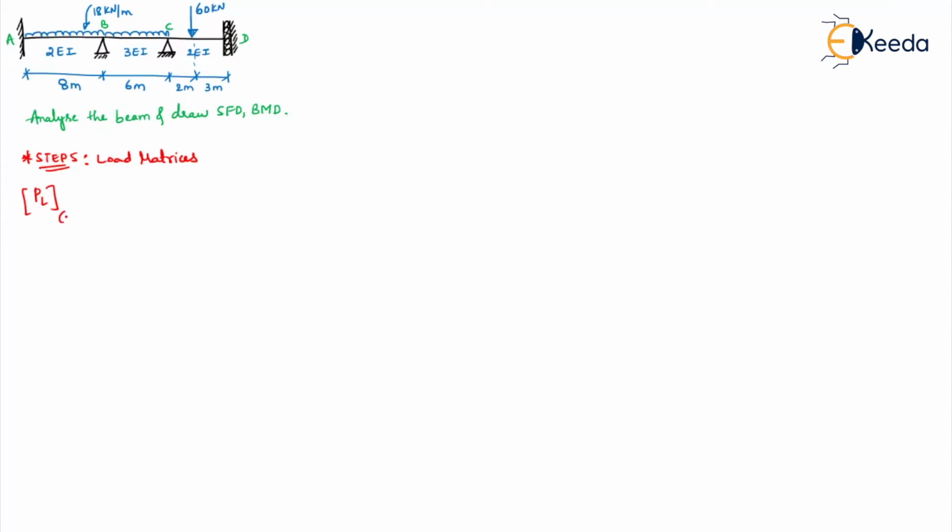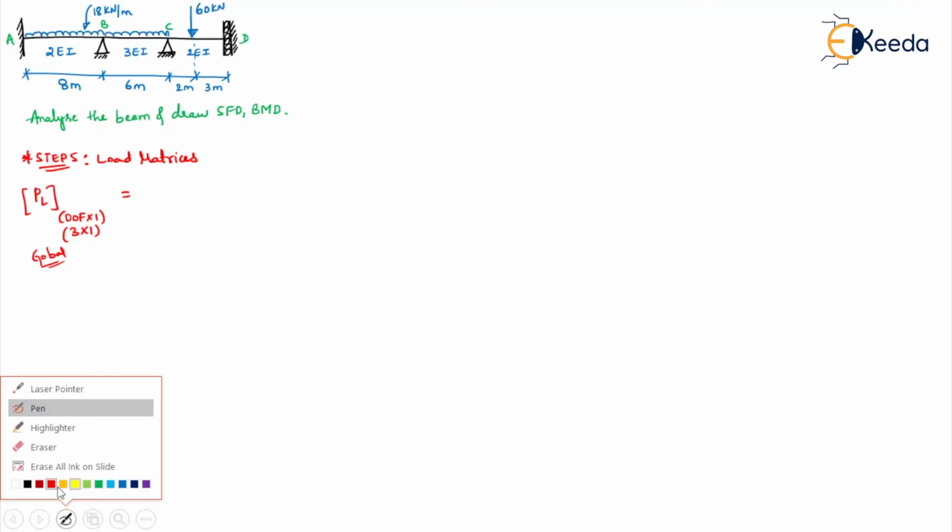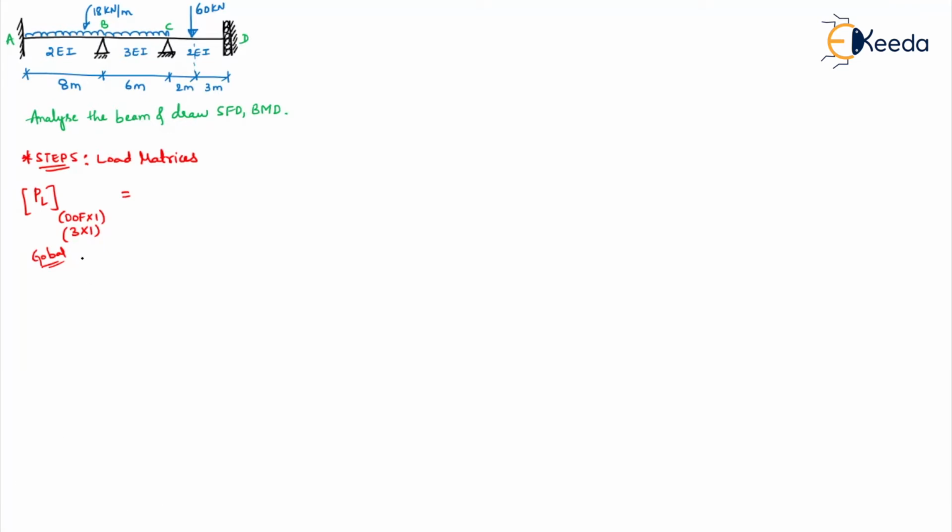So that's 3 into 1 in this case. And you should consider global coordinate, and when you're doing this, you have to consider your EQJLs and external loads.